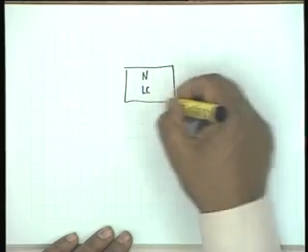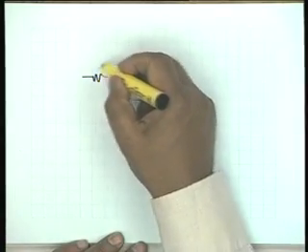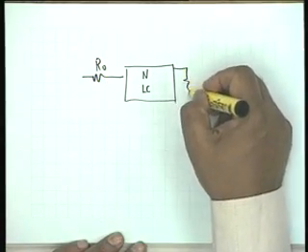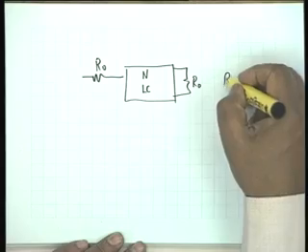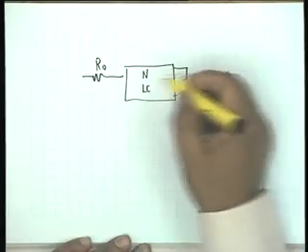two-port which is terminated in equal resistances, let us say R0 and R0, and we took R0 can be normalized to 1 ohm if you so desire.